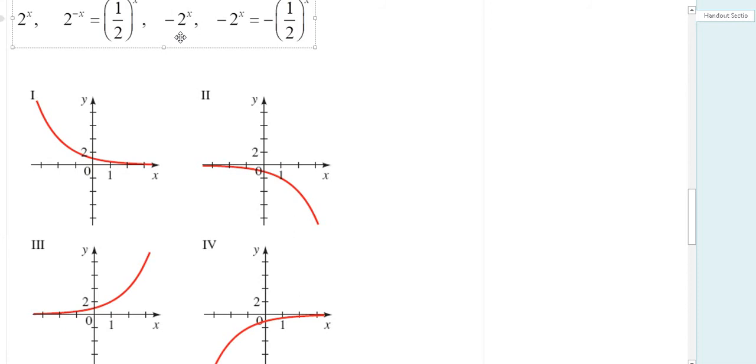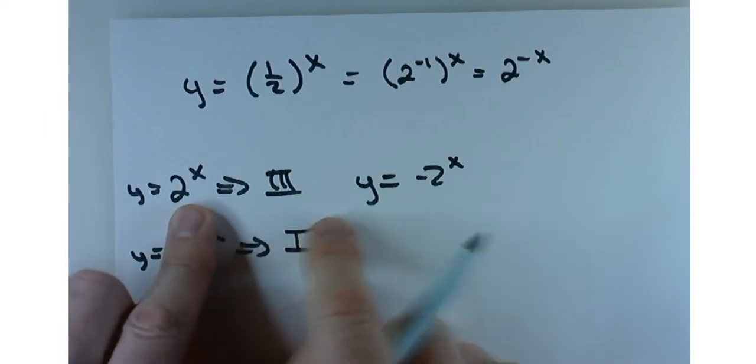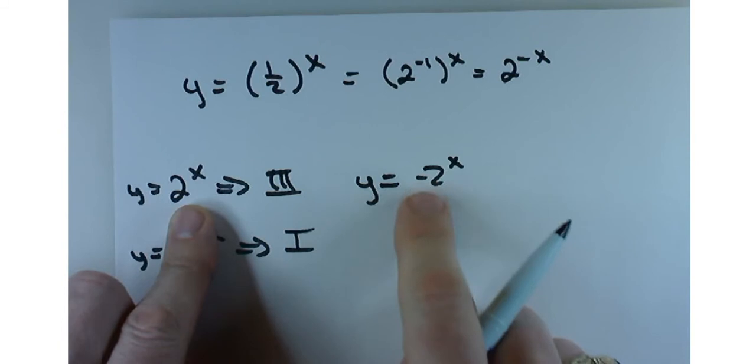What's a negative in front of this function going to do? How's that going to change things? If I was looking at this graph and then suddenly I switched over to this graph, what's that negative going to do to the graph?